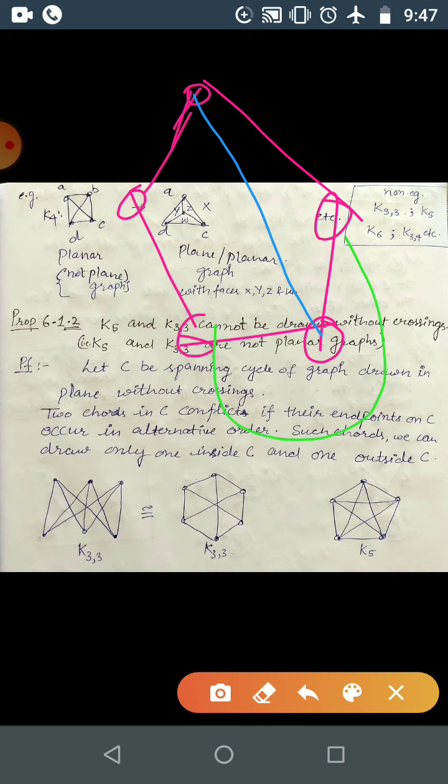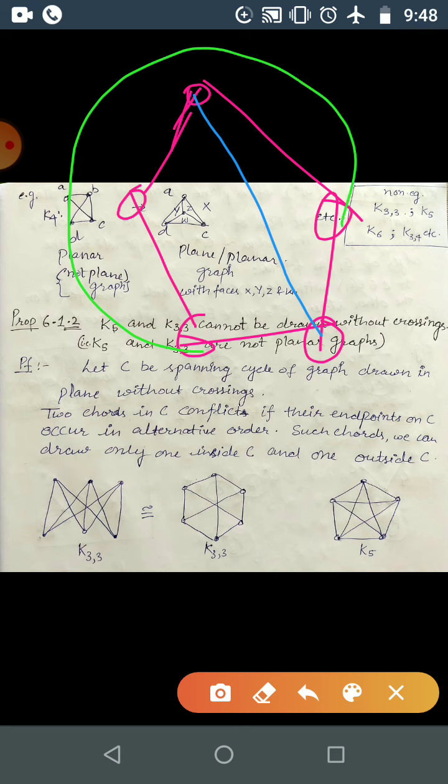So now this becomes plane. Whenever you have two chords crossing at some point, you can draw them only one way, one inside and one outside.